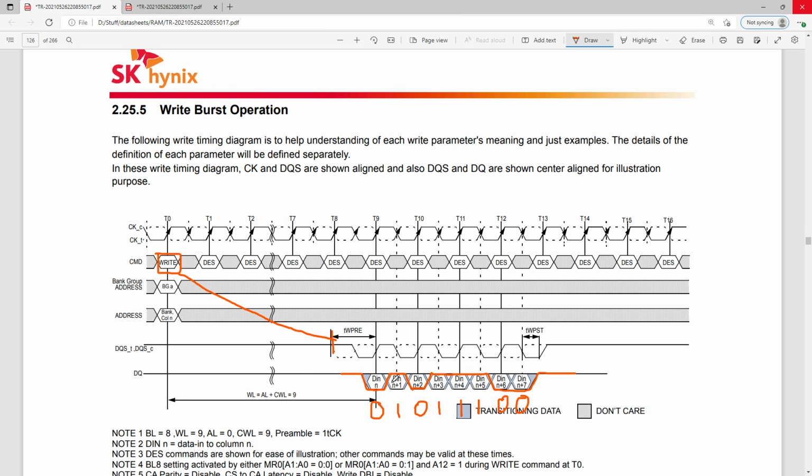You'll notice that these transition points in the data are not on the clock edge. They're way out of alignment. The reason this is done is because memory chips are incredibly dumb. If you have a CPU, that CPU will have one memory controller, and so it's relatively okay to have a complex and expensive memory controller. It is not okay to have complex and expensive memory chips, because one consumer CPU can easily have 64 memory chips hooked up to it.